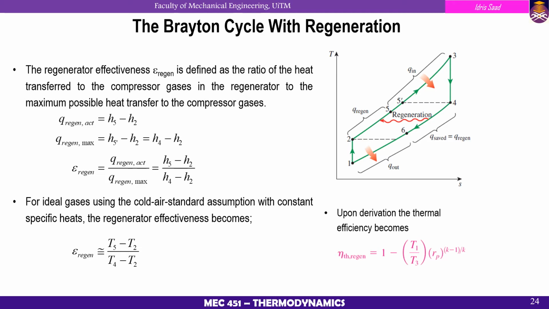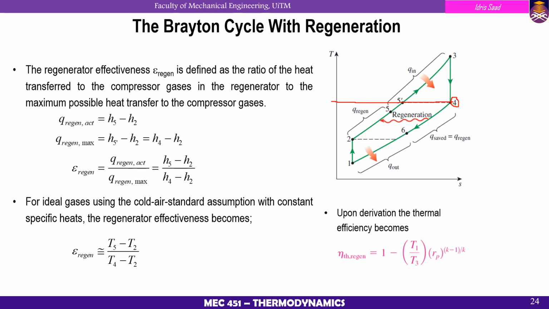As you can see here, this is T4. This is the maximum temperature produced at the exhaust gas. Then this is state 5 prime. So this is the maximum temperature limit.